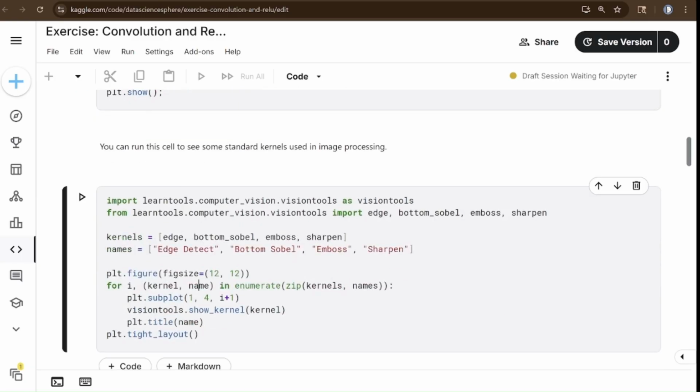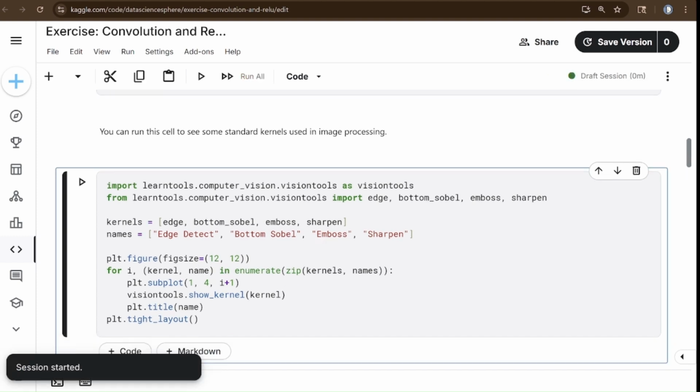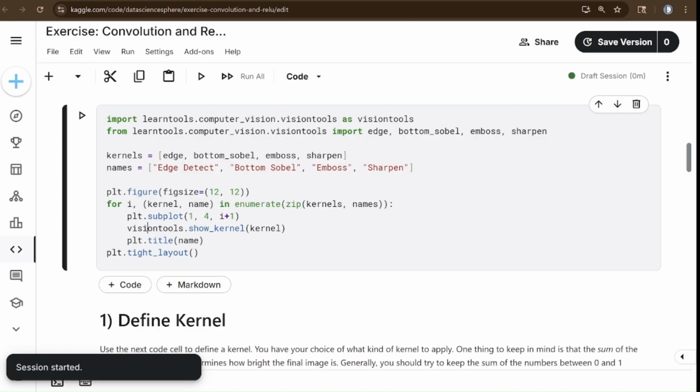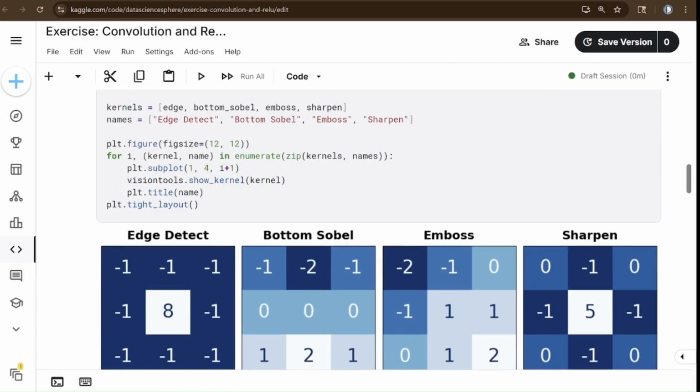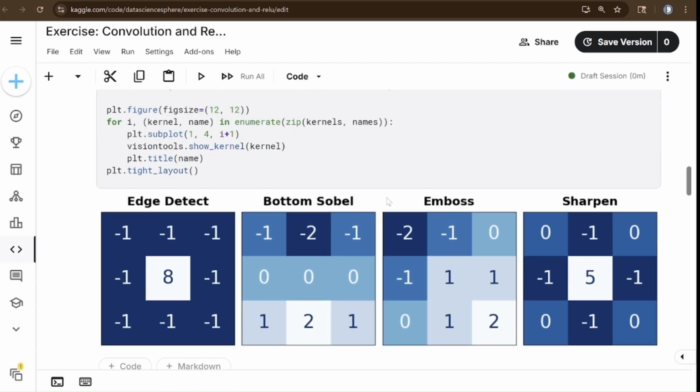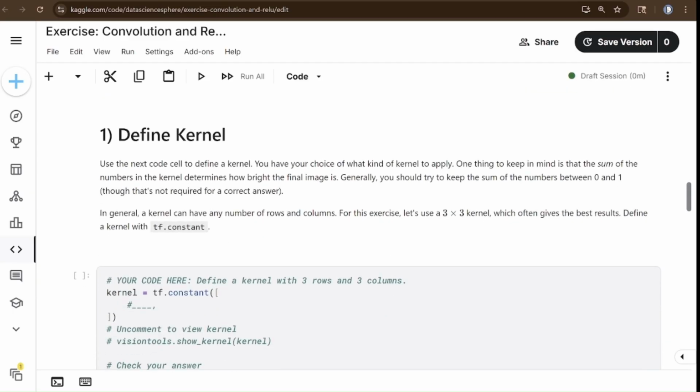Now you can run this cell to see some standard kernels used in image processing. See, edge, sharpen, these are the different kinds of kernels. This is the gray image and these are the different types of kernels. Now use the next code cell to define a kernel.